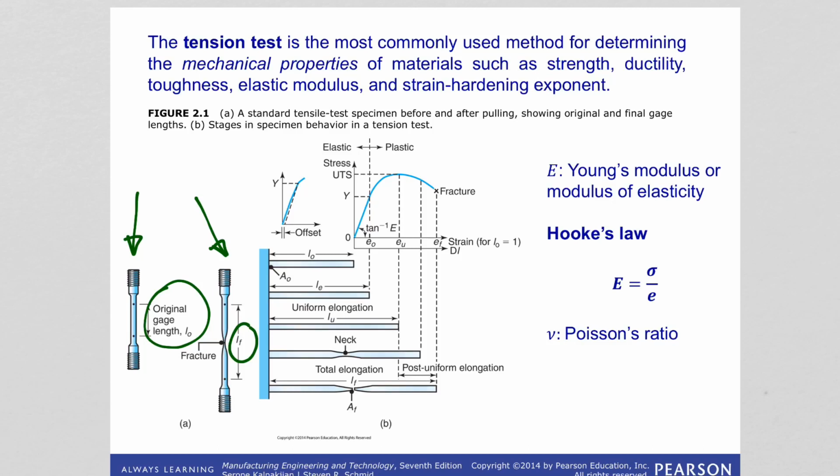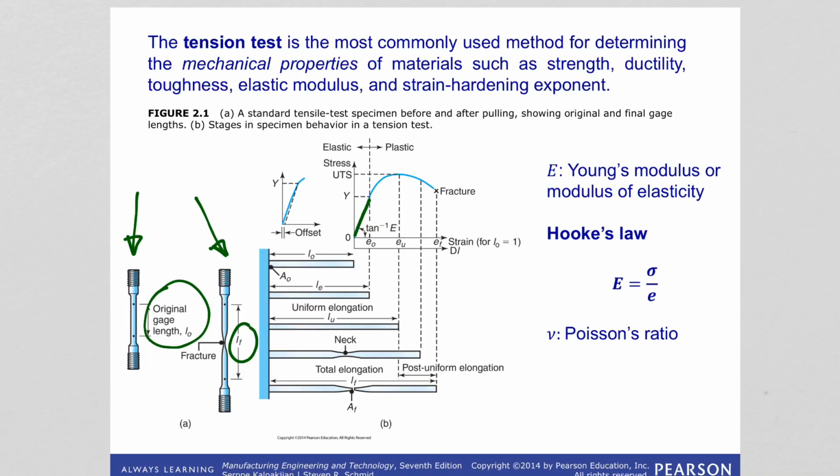Initially, when the first load is applied, the specimen shows a behavior we call linear elastic, meaning this linear region. In this region, if we remove the forces, the specimen can return to its original length.